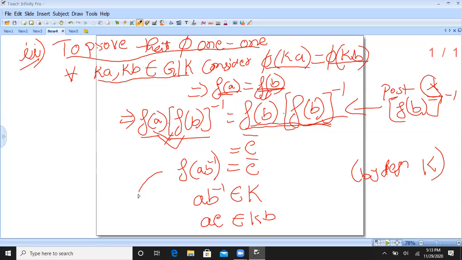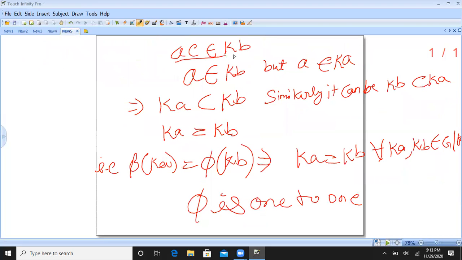Now, by the definition of the kernel of a homomorphism, we can say that AB inverse belongs to K, therefore AE belongs to KB, so A belongs to KB. But A belongs to KA also.